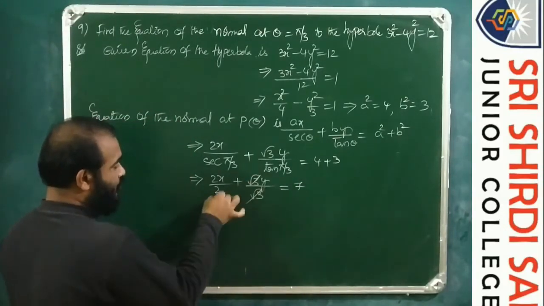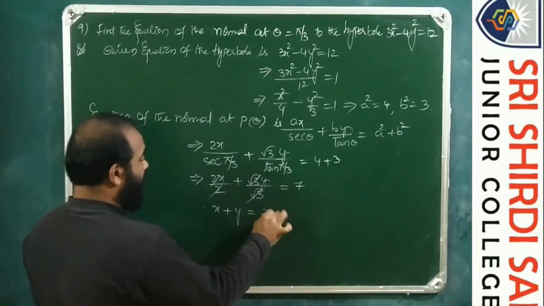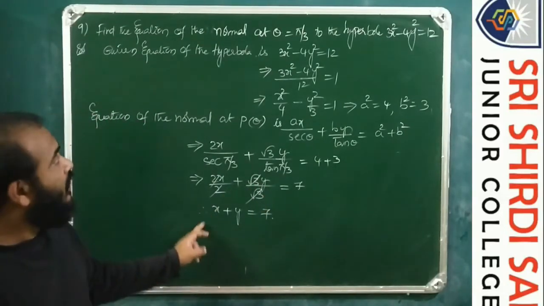So this 2 gets cancelled. Therefore x + y = 7. This is the equation of the normal at the parametric point.